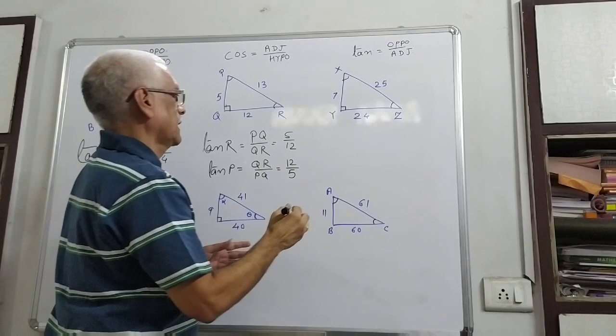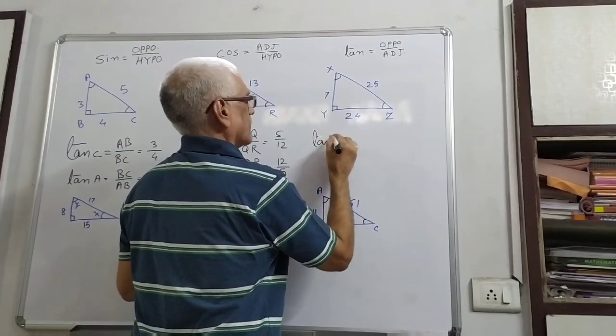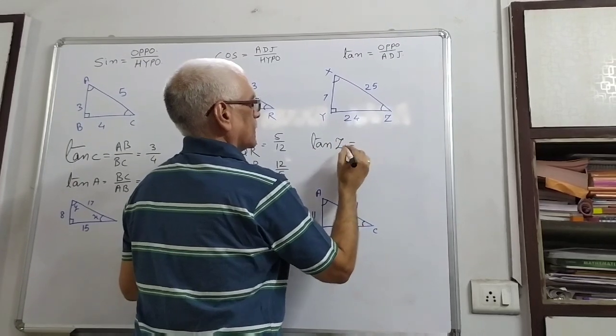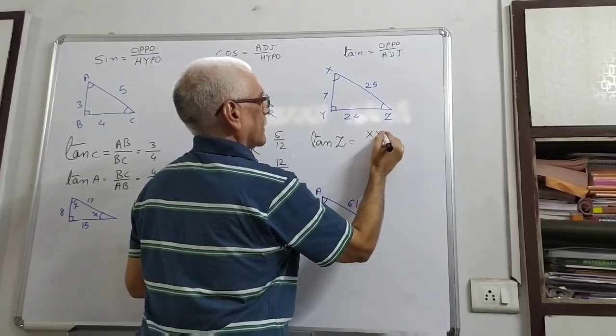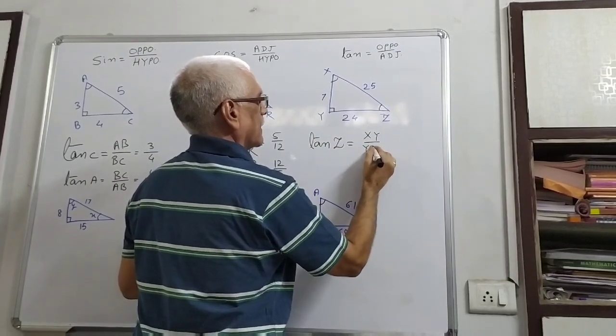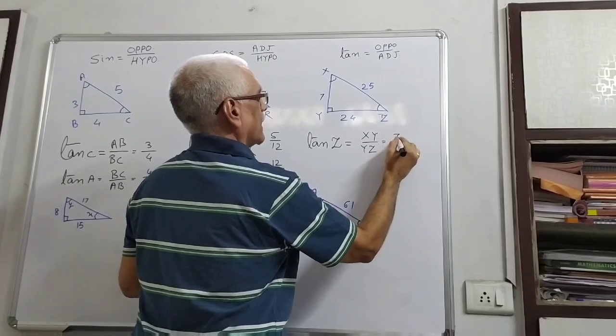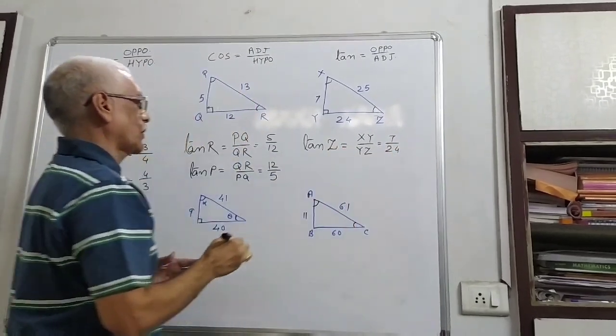In this triangle, if we consider tan Z, the side opposite to Z, that is XY, upon the side adjacent to Z, that is YZ. XY is 7 and YZ is 24. So tan of Z is equal to 7 upon 24.